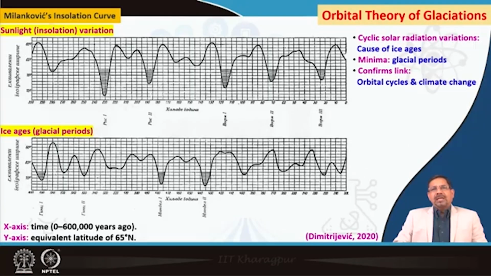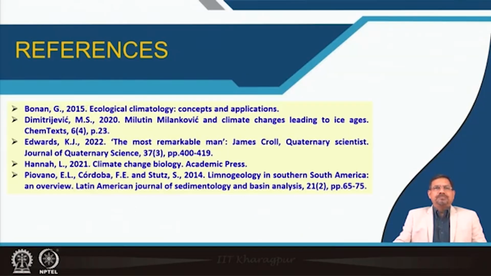So, the cyclic solar radiation variations explain the causes of ice ages. The minimum means glacial period, and it confirms the link coming from the orbital cycles, and thereby explains one of the important mechanisms of climate change.